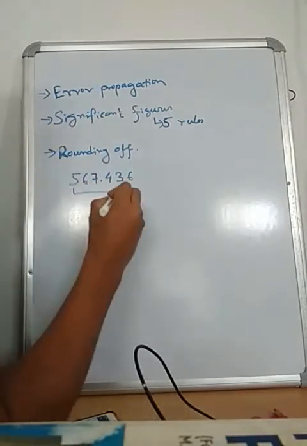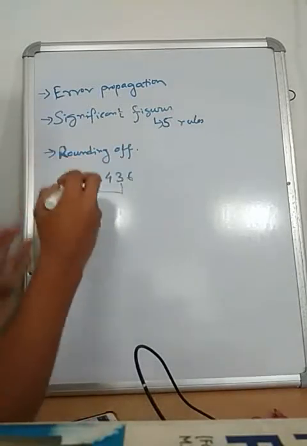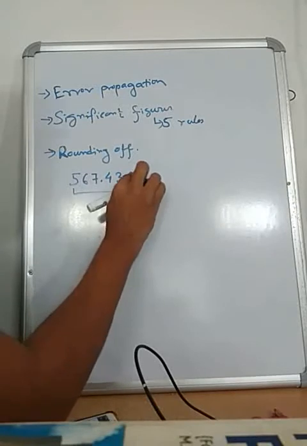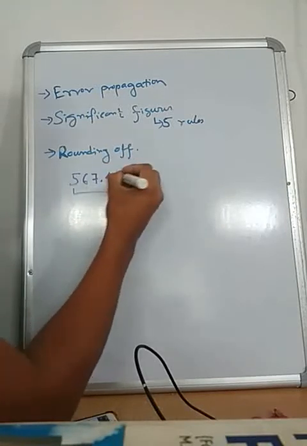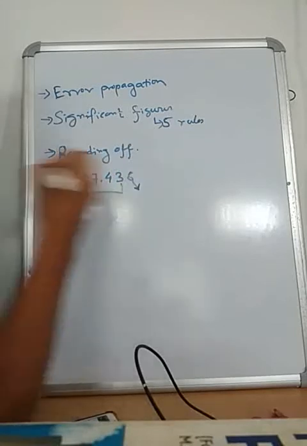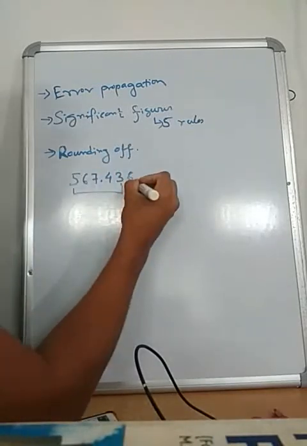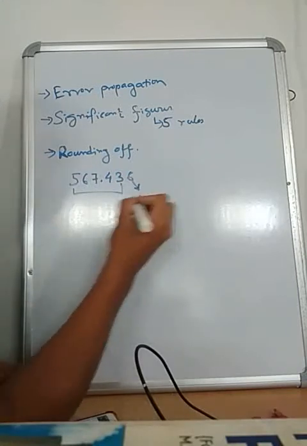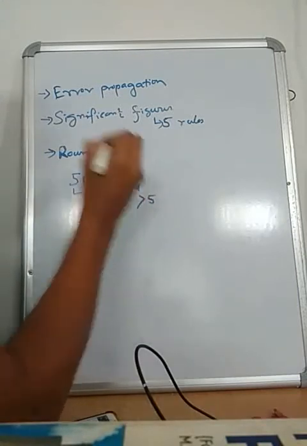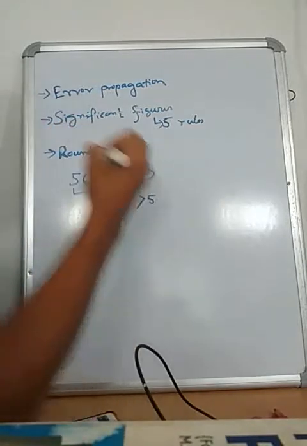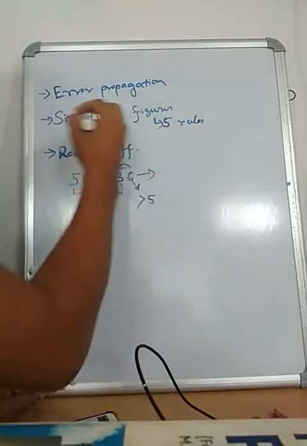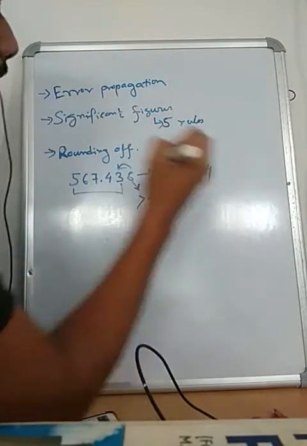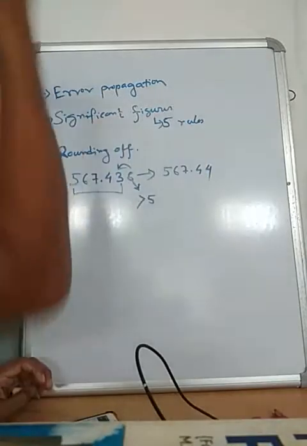Here we see the sixth digit. If it is greater than 5, then we add 1 to the preceding one. So after rounding off up to 5 significant figures, it will be 567.44. Just add 1 to the preceding one.